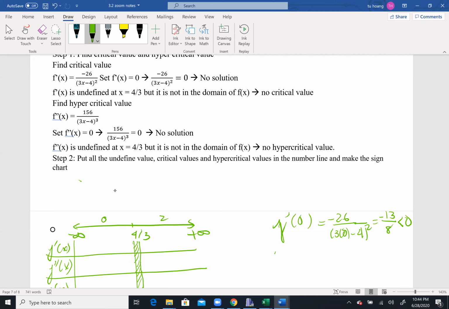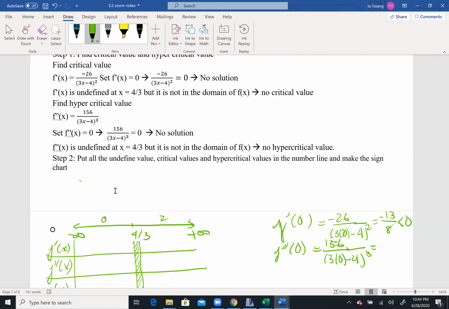And then f second derivative of 0 will be 156 over 3 times 0 minus 4 cubed. That's going to give me 156 over negative 64.